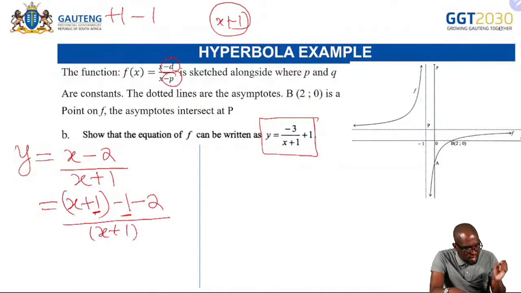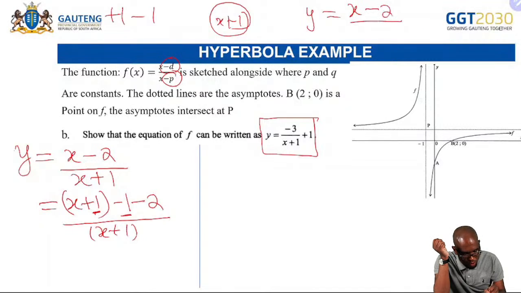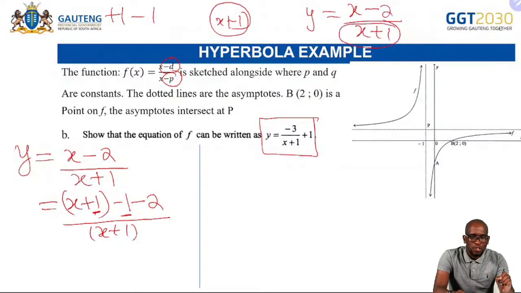I'll repeat what I said. Here, this is written as y equals x minus 2 over x plus 1. I'm guided by the denominator there. So I want to express my numerator in terms of the denominator so that I can divide this into two fractions.